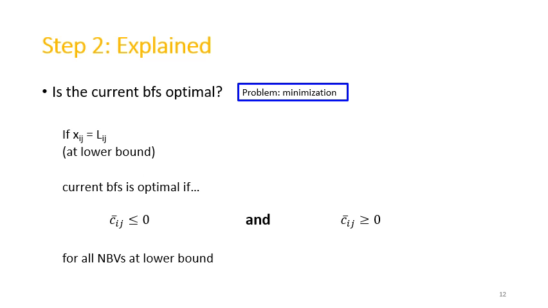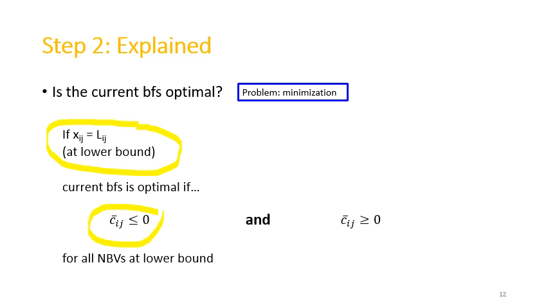Now let's take a look at an explanation of what we just saw in the previous slide. The problem that the network simplex method is trying to solve is a minimization problem. It's the minimum cost network flow problem. First, let's take a look at the non-basic variables at lower bound. If you recall the simplex table for a minimization problem, the table is already optimal if all the coefficients in row 0 are less than or equal to 0.